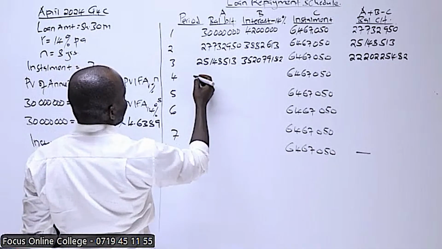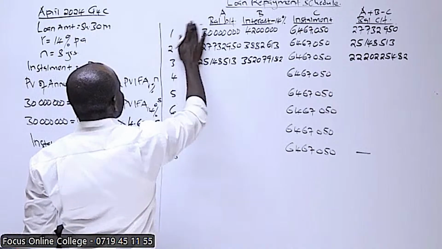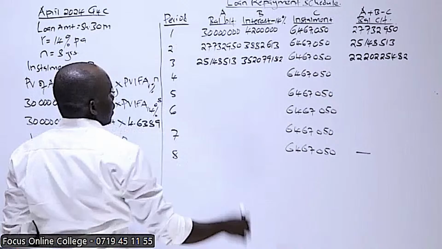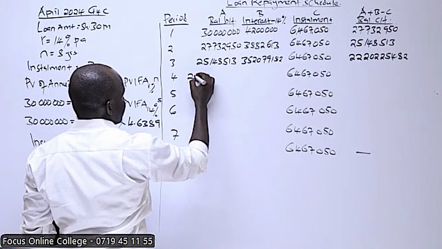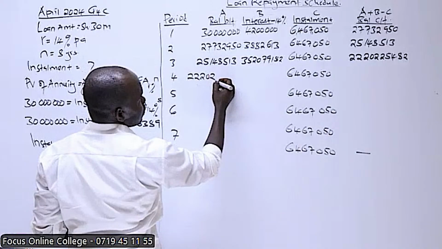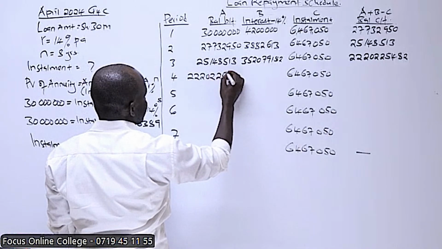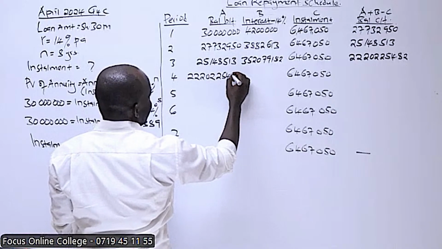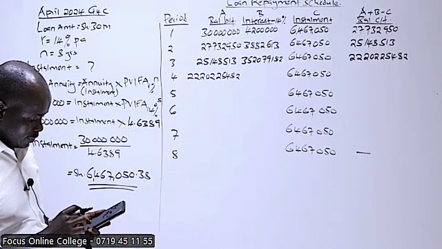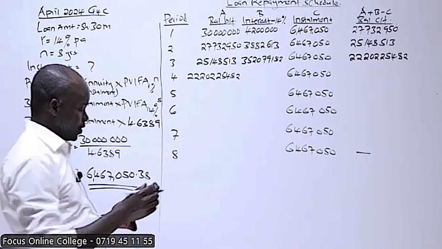So here brought forward, it's 22, 202, 254.82. Charge interest at 14%.